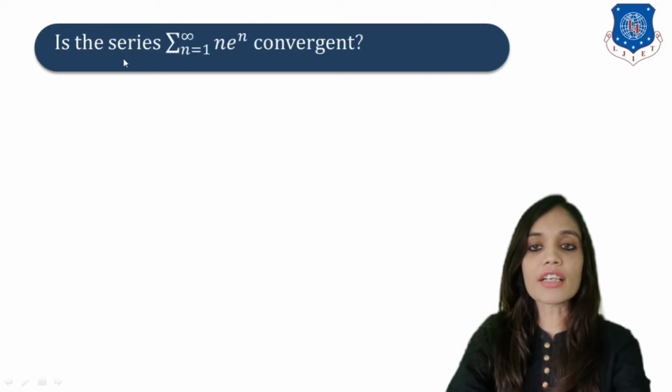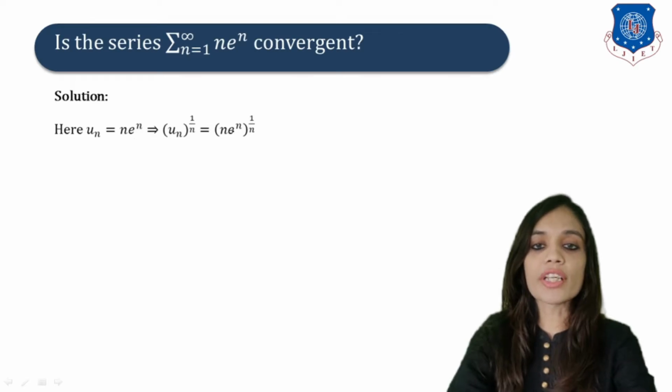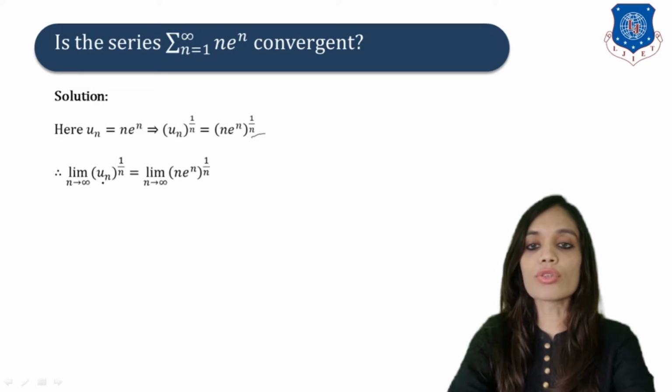Okay. Next, let us solve one more example. Is the series summation n equal to 1 to infinity n into e raised to n convergent? So here you are given your un as n into e raised to n. Again find un raised to 1 upon n. So put the value of un, that is n e raised to n whole raised to 1 upon n. Now let us find the limit n tends to infinity un whole raised to 1 upon n.